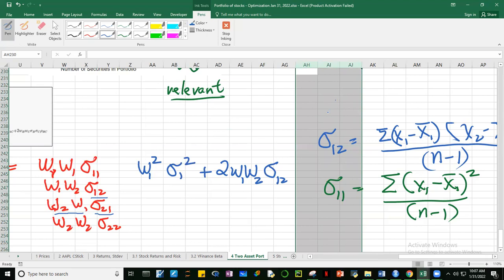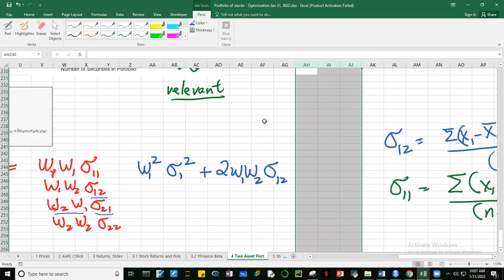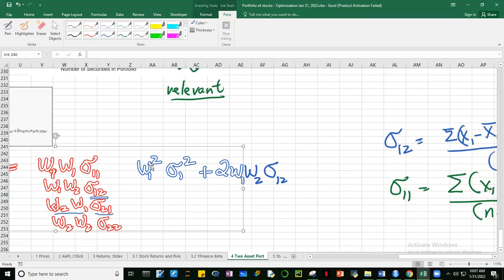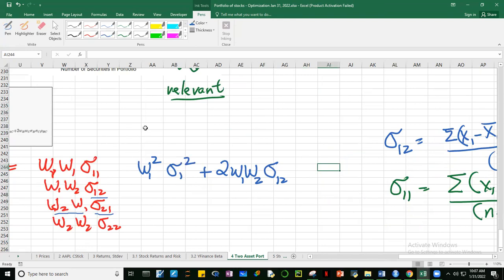And lastly, guys, so plus. Ano to? Yung huling term na lang. So that's W2 squared, sigma 2, 2 is variance of 2.